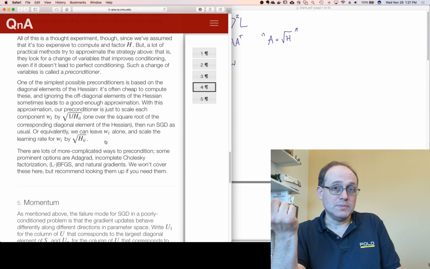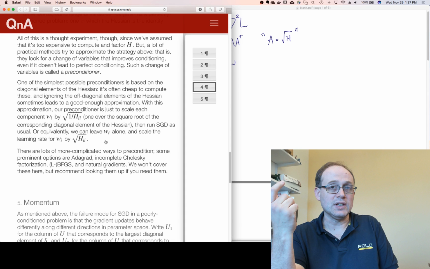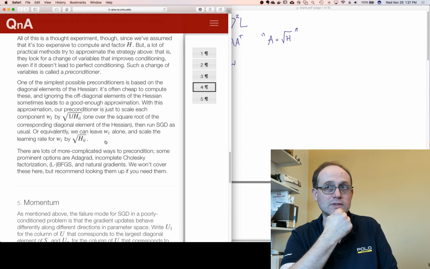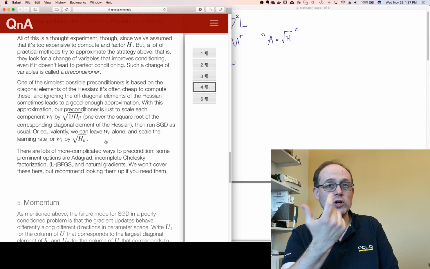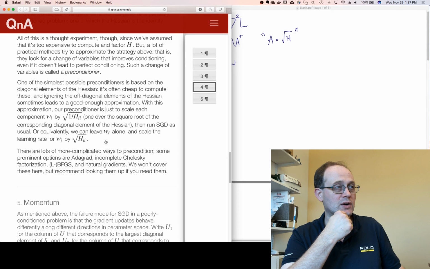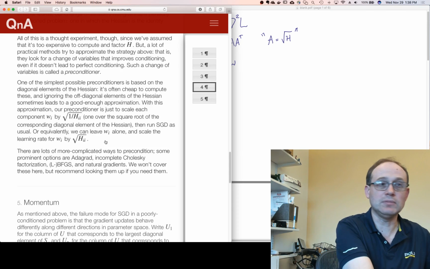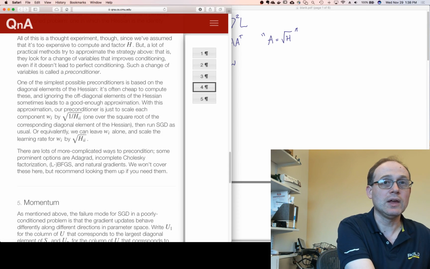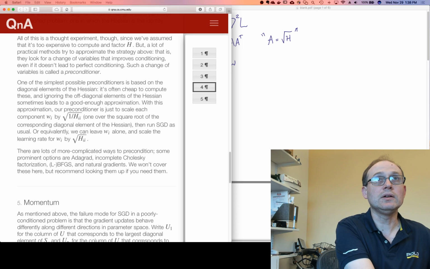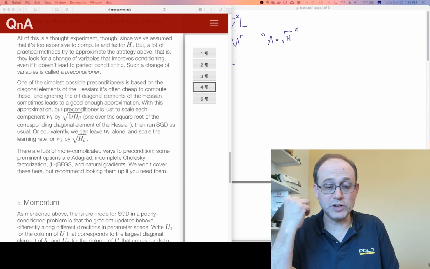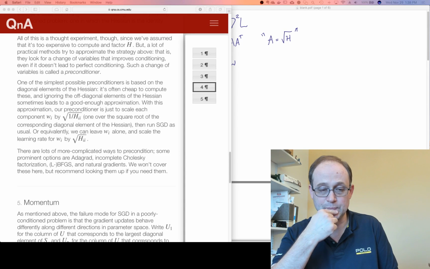They tell you something about how the variables interact with one another. But it's much faster to work with only the diagonal elements. There are order d of those in d dimensions, versus order d squared for the full matrix, so it's much more efficient to use just the diagonal entries.